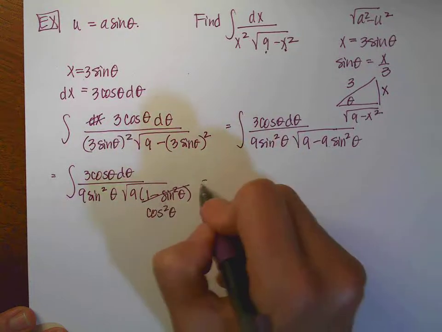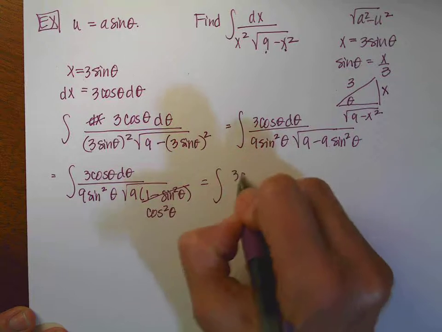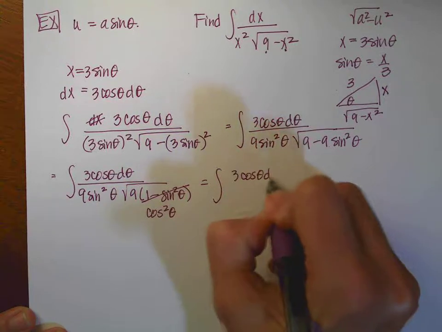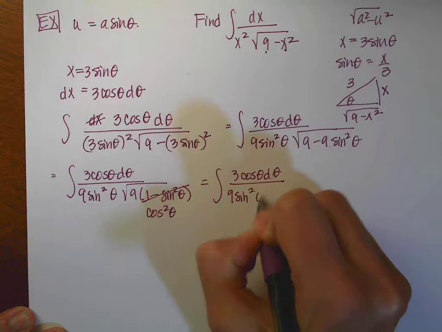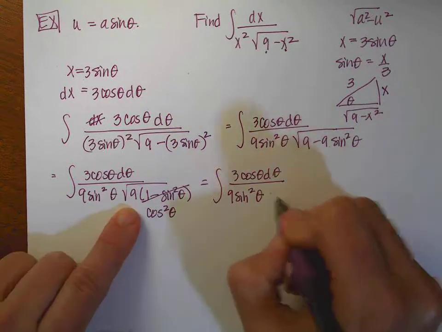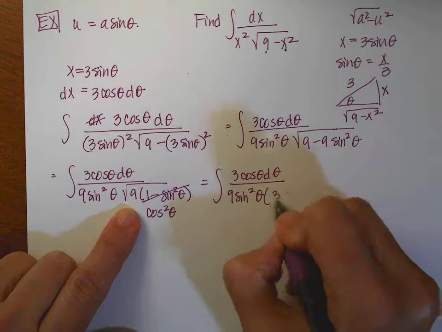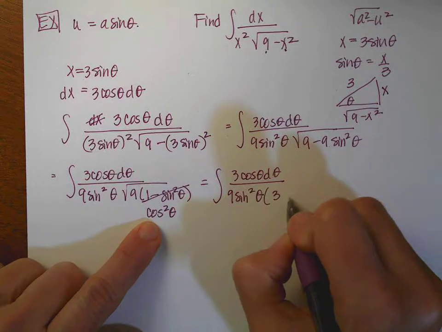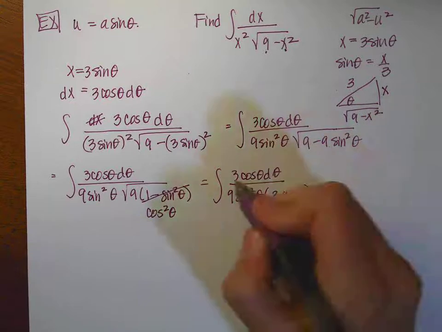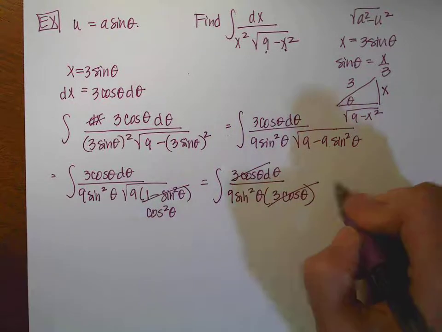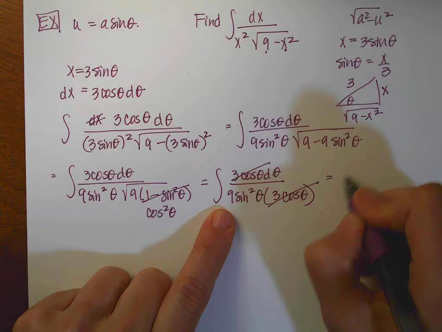And now if you'll notice, I can take the square root. So I end up with 3 cosine theta d theta over 9 sine squared theta, and then I have the square root of 9, which is 3, and then the square root of cosine squared is cosine theta. Well, that's polite, because now these two go away.